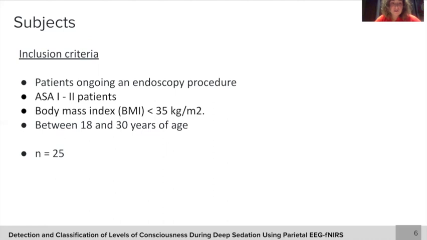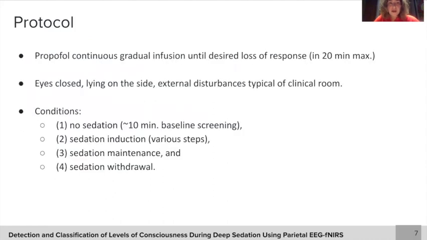Patients will be between 18 and 30 years of age, and we will have an N of 25. All of these patients will have a gradual infusion of propofol and only propofol until loss of consciousness. They will be with eyes closed, lying on their side. The external disturbances will be only those of the typical clinical room, which we cannot control. And we will measure throughout the whole endoscopy procedure.